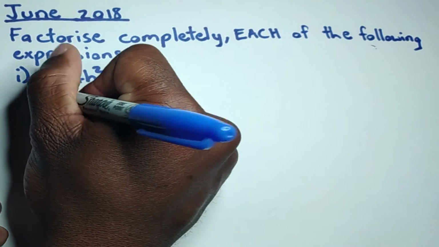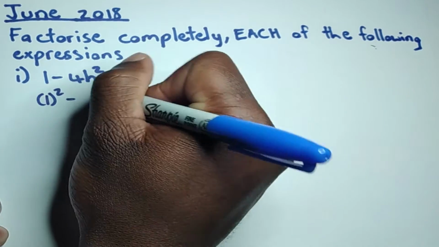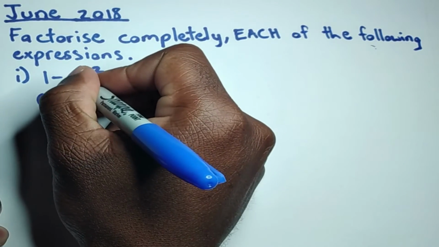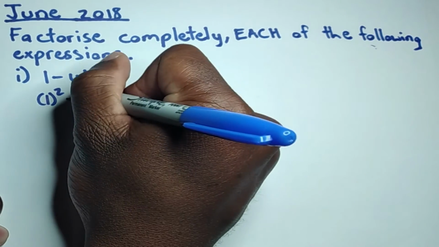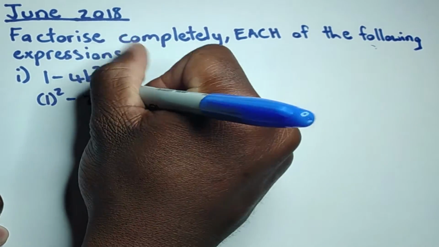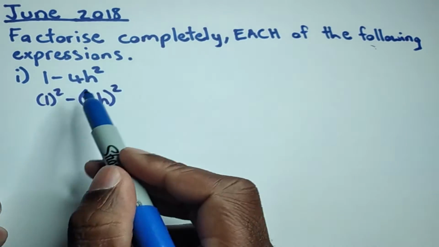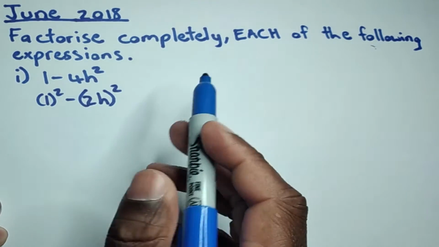So 1 is the same thing as 1 in bracket squared minus, if I find the square root of 4, that's 2. The square root of h squared is h. If I put those two things in bracket and square, it's the same thing as 4h squared.